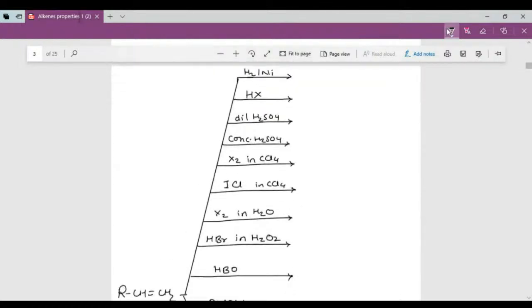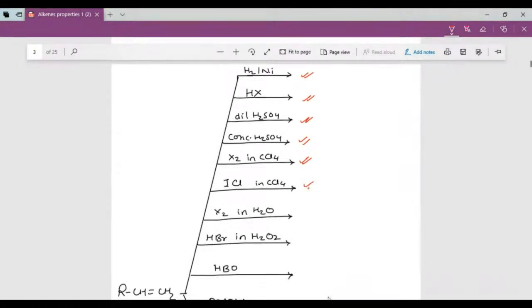So from here, if I could mark, we have done hydrogenation in last week's lectures. We have done addition of HX, dilute H2SO4, concentrated H2SO4, halogens in CCl4, ICl in CCl4, halogen in water, HBr in H2O2. This much we have already done.